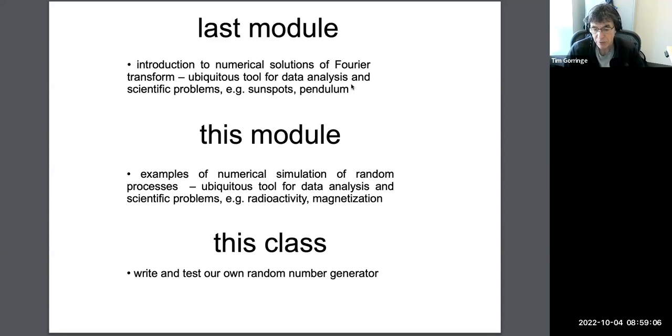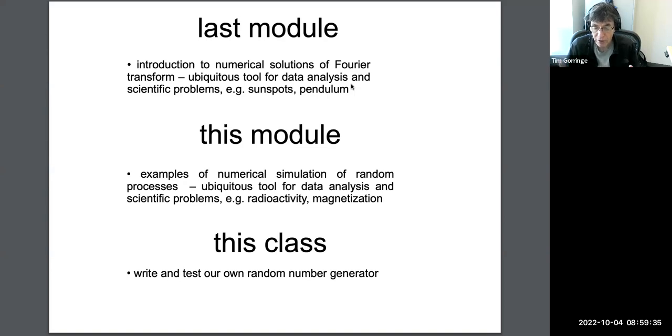In this next module, we're going to look at the numerical simulation of random processes. In physics, there are lots of examples of random processes. There are lots of problems that involve random processes that range widely from things like radioactivity to things like magnetization.